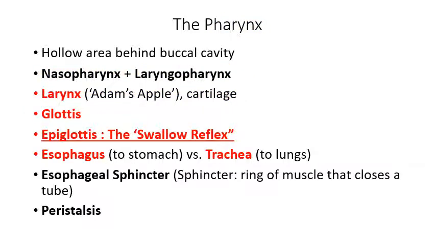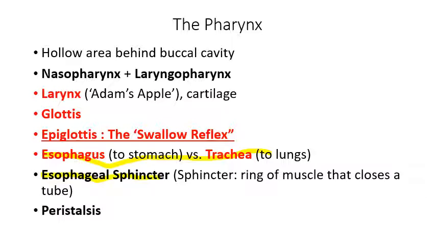All right, so the glottis contains the entry to both the esophagus and the trachea. And at the very top of the esophagus, there's a sphincter, a ring of muscle that closes off the top of the esophagus after you've swallowed, and that's called the esophageal sphincter.